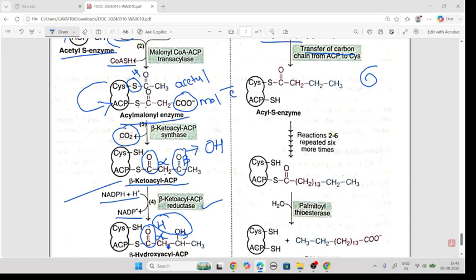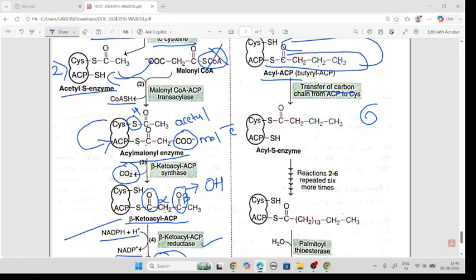Just take a look here. From your malonyl CoA, carbons 1 and 2 will be added. Whatever the C double bond O is there, that will be anyhow eliminated. In this entire fatty chain, we are getting two carbon atoms from malonate at each step. From one reaction, we are getting two carbon atoms.